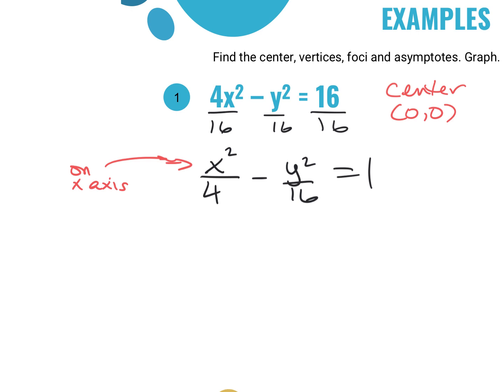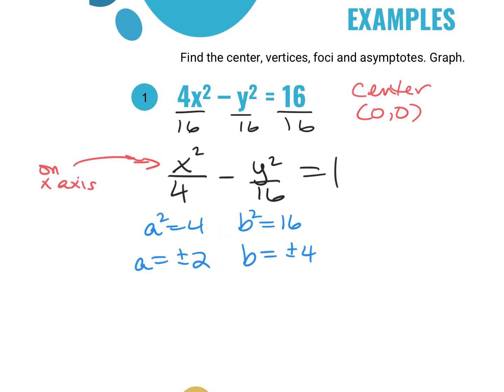So now I can see that this is going to be my a squared. This is my b squared. Remember, a squared and b squared don't move. This time the a squared is not the bigger number, it's the first number. So then a is equal to plus and minus 2, and b is equal to plus and minus 4.